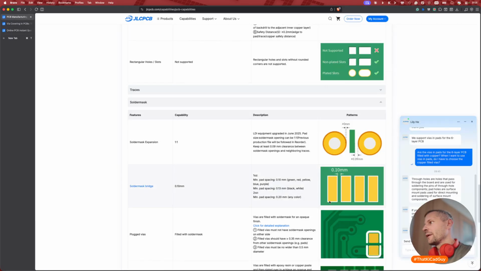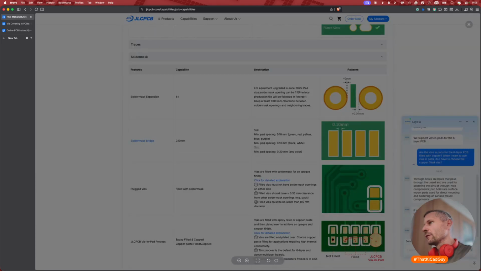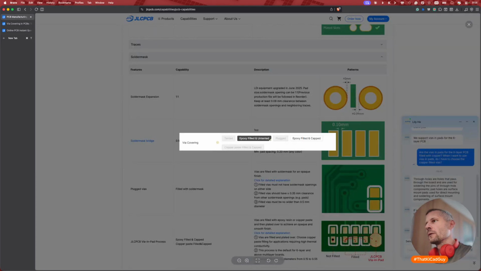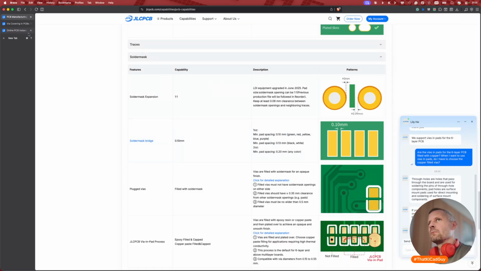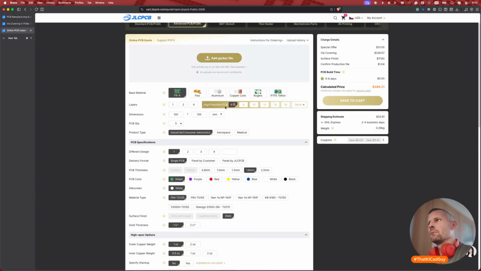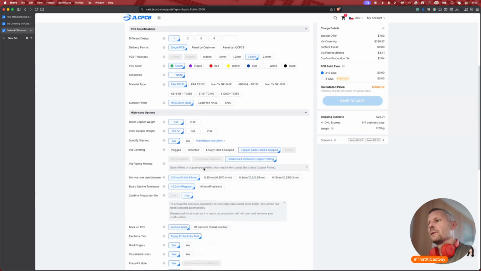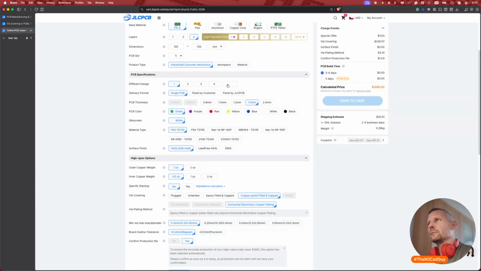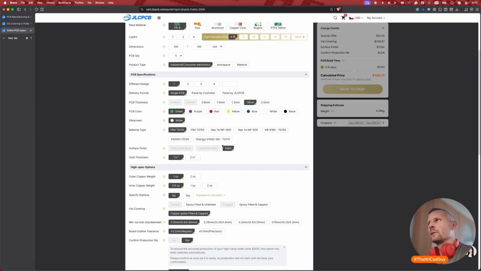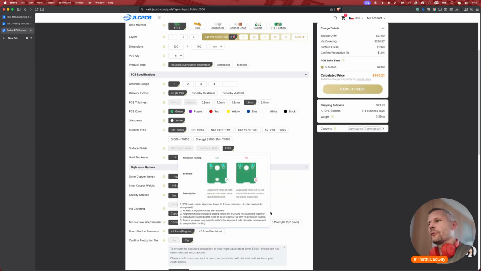So I think they are not correct. There is a six layers copper filled.